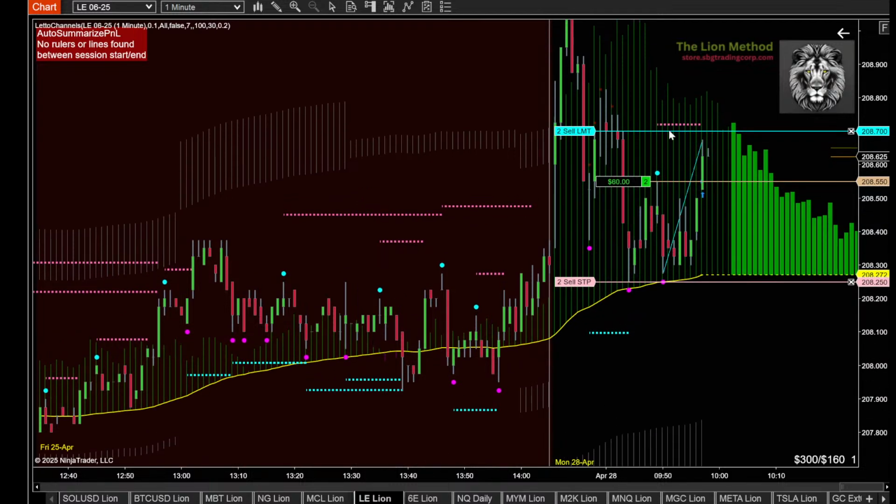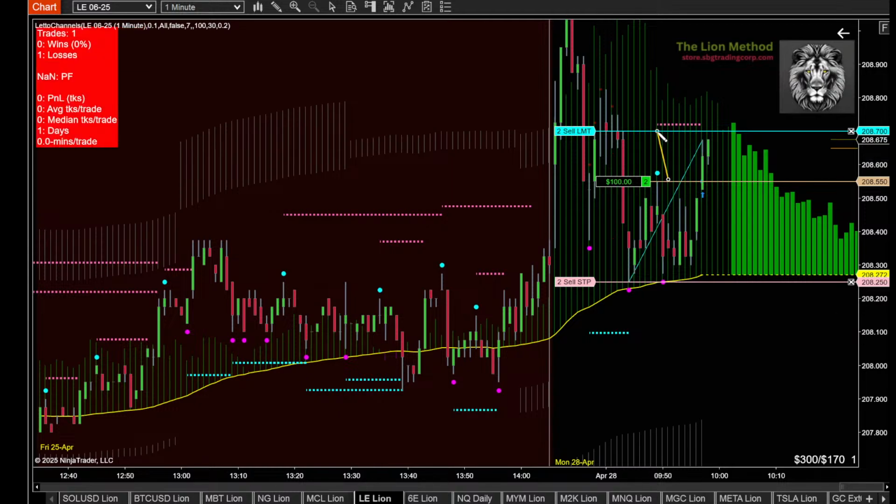I think I might add a feature that you can round this to the nearest tick. Nice to have this thing just go north a couple more ticks, right? Because we are targeting, it's about maybe 120. Yeah, $120 target.